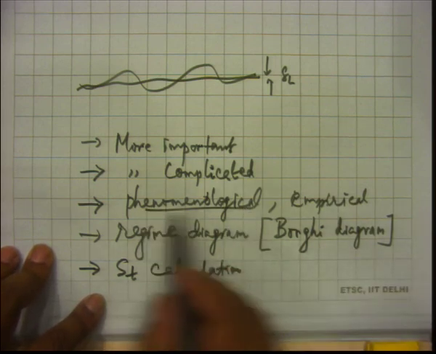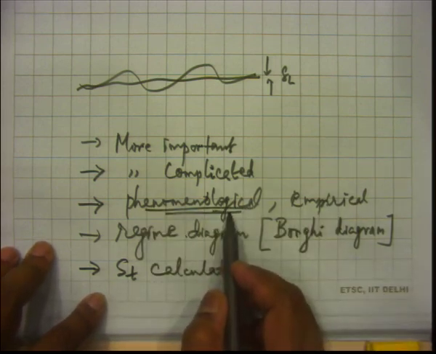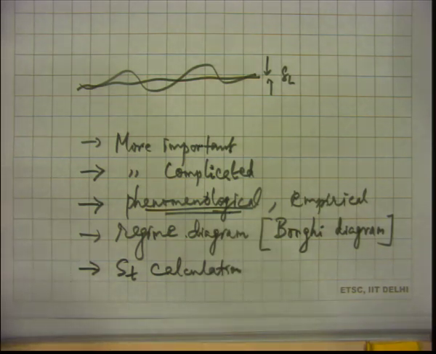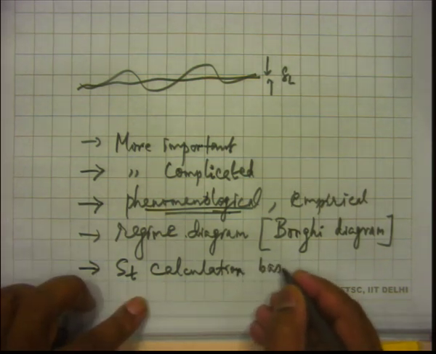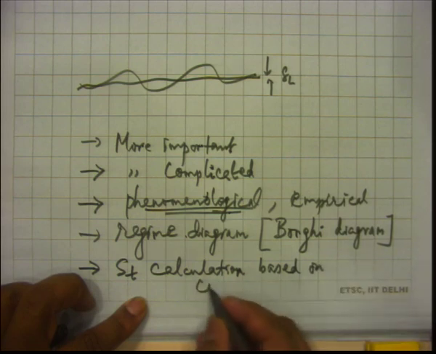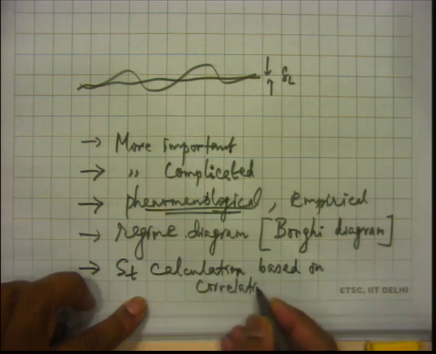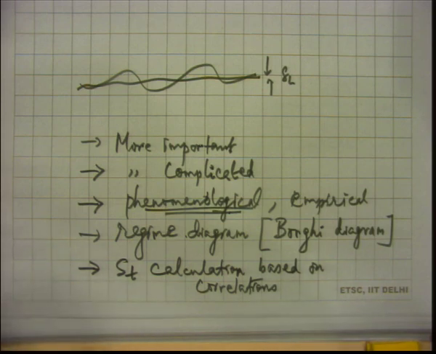Apart from that, when we took the phenomenological approach, we said that ST determination is a little difficult, okay, but we write ST in terms of an averaged out area, and we have ST calculation based essentially on correlations.